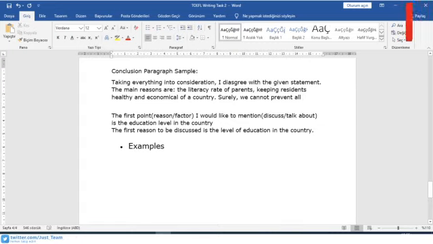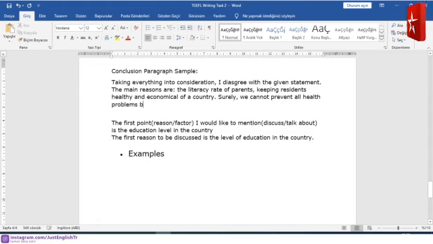I'm thinking about another word that can have the same meaning as diseases. Illness, sickness, I don't want to use. I want to use health problems, let's say, by vaccination.